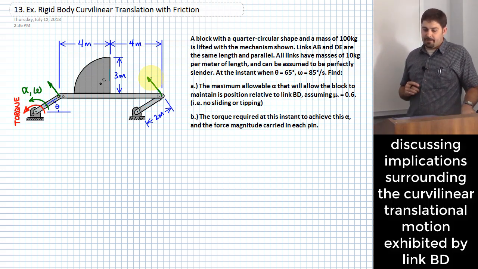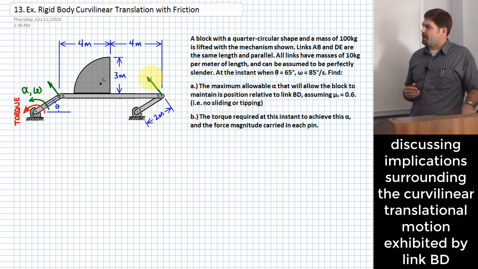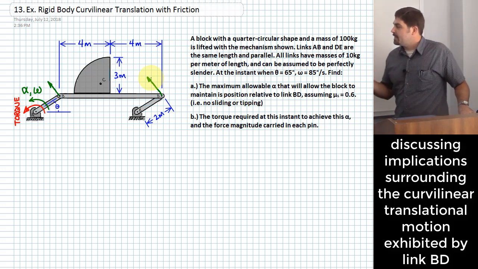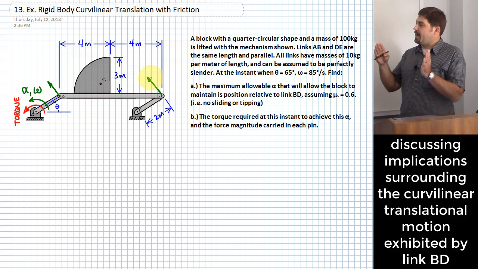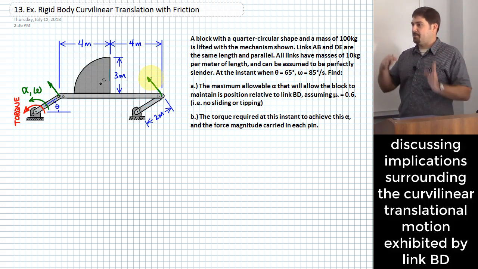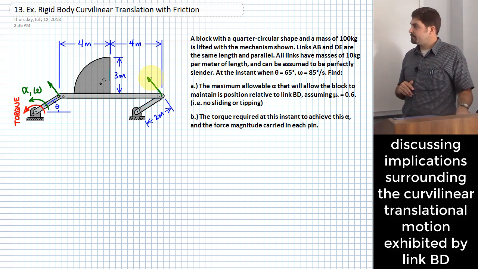One way of thinking about that is if you were going to try to find a radius of curvature, using an instantaneous center of zero velocity method, you really couldn't, because the lines of those two velocities never intersect, because they are parallel with one another. That's a really big thing that we need to know going into this.